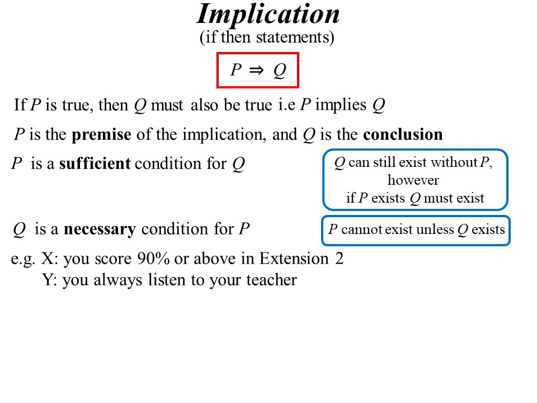A nice example of that, I've got two statements here. X: you score 90% or more in Extension 2, and Y is the statement: you always listen to your teacher. I claim that X implies Y. If you score 90% or above in Extension 2, then you always listen to your teacher. This is the implication.